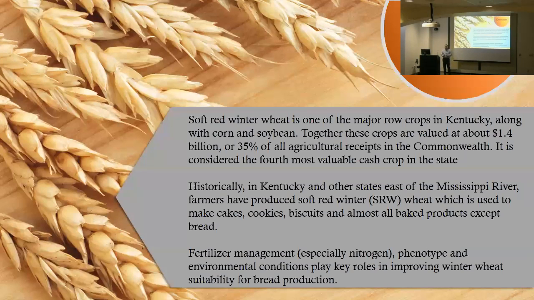When we talk about bread wheat quality, two important factors we need to consider are protein content and gluten strength. Most of the studies show that these factors are really affected by genetic background and nitrogen fertilizer.